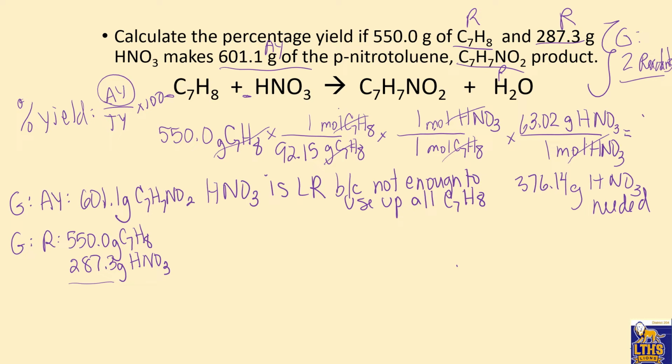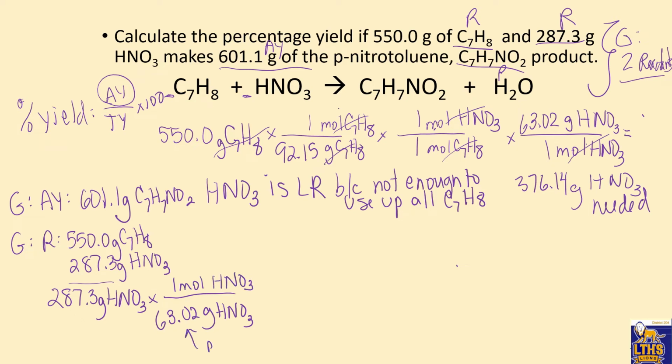Now that I found the limiting reactant, my goal was to get an actual yield over a theoretical yield. So now I would take the 287.3 grams of HNO3, and now I got to find a theoretical yield. So I'm going to change it into product. And I found out from the periodic table that it was 63.02 grams for every 1 mole of HNO3. That came from the periodic table. PT, woohoo!